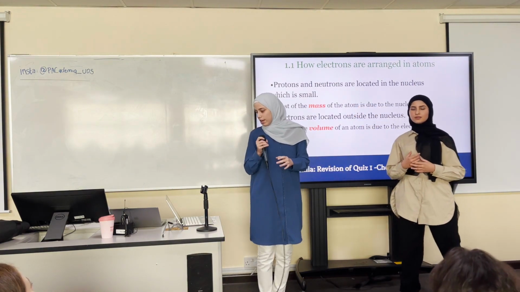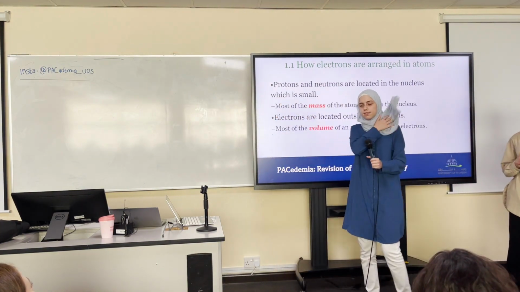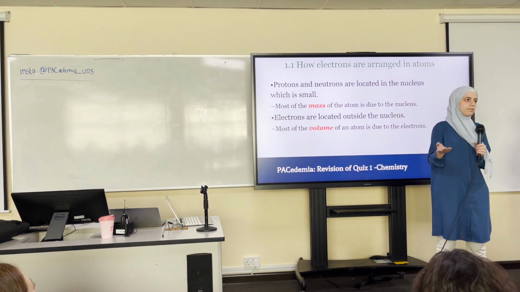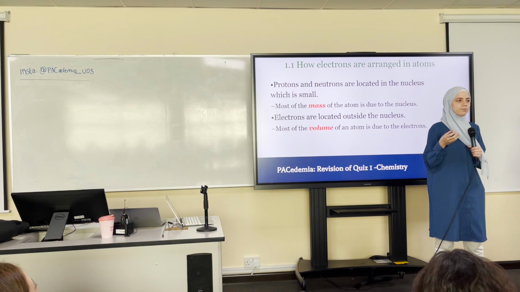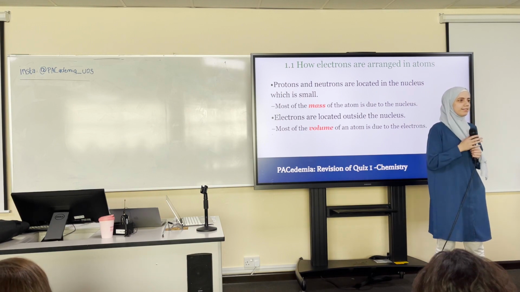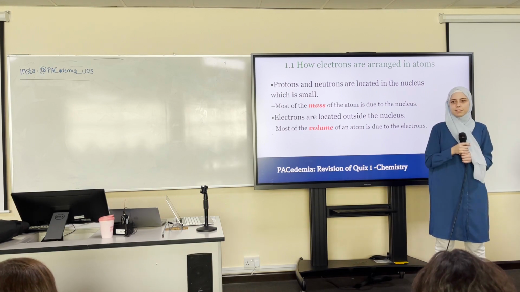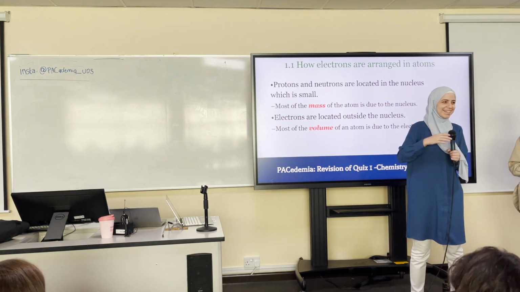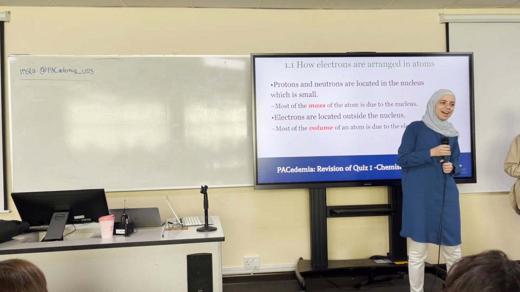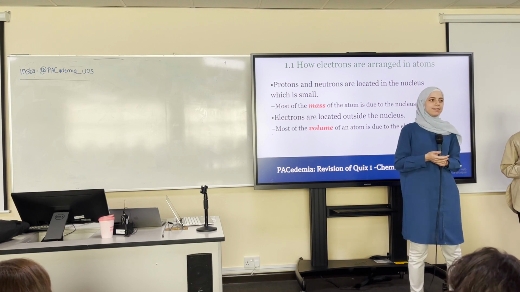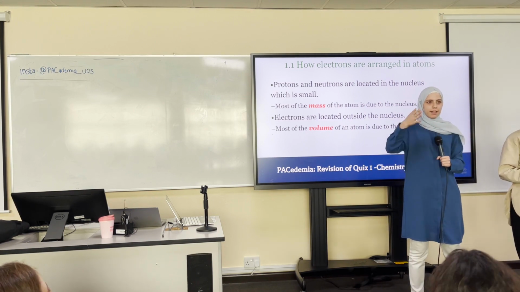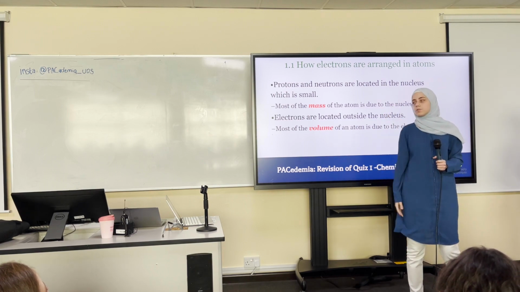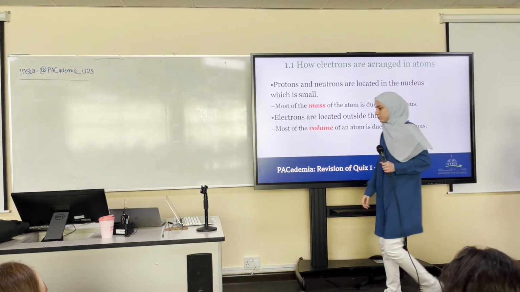Okay, now for the first lesson: how electrons are arranged in atoms. Most of you took this in school. The atom is composed of protons, neutrons, and electrons. The protons and neutrons are inside the nucleus, and the electrons are around it.